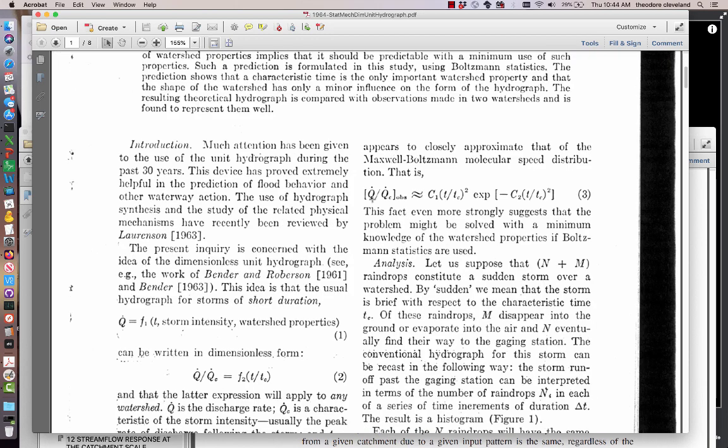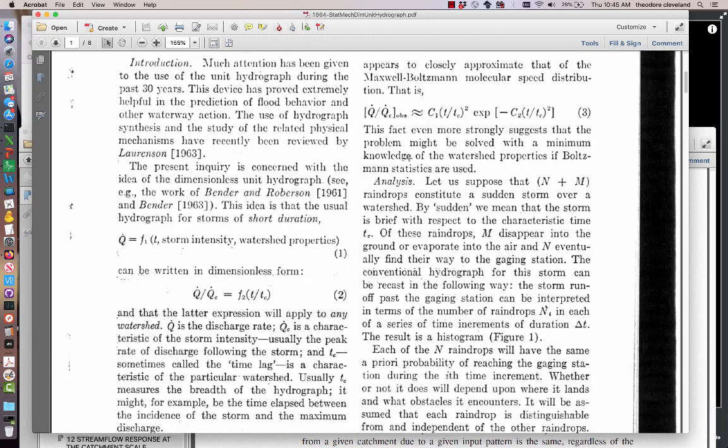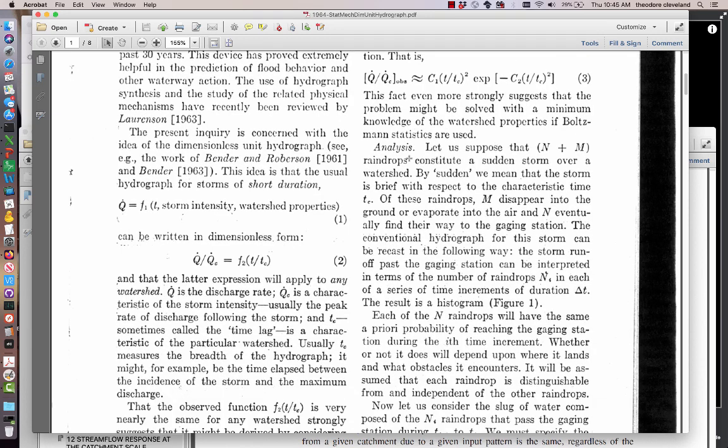So he goes ahead and lists a method on how to do it, and the key thing is that the hydrograph functions at the time appeared to approximate Maxwell-Boltzmann speed distributions, and he leveraged that information to construct what unit hydrographs functionally might look like.